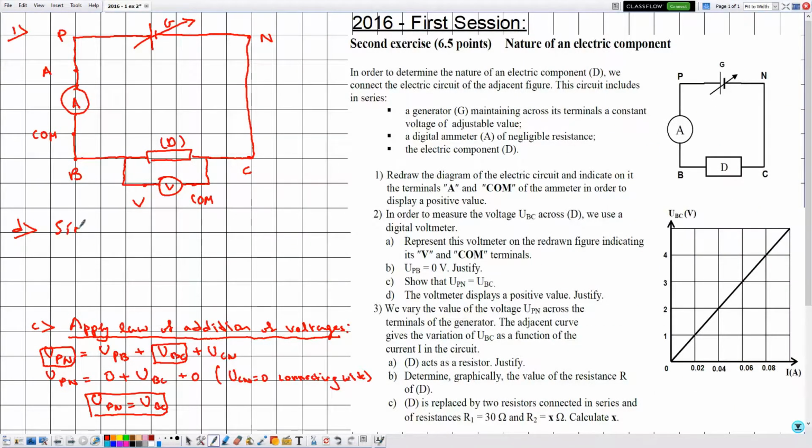Let's say since the COM terminal is connected to the negative pole, then the voltmeter will indicate a positive reading.